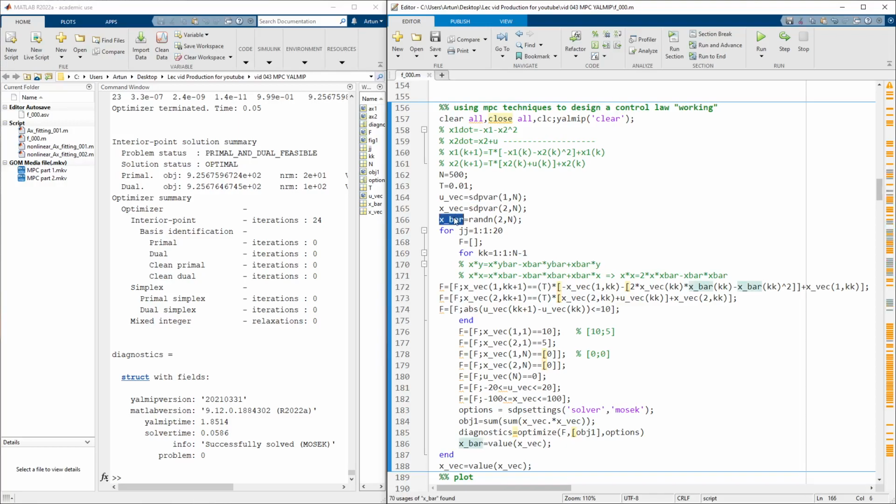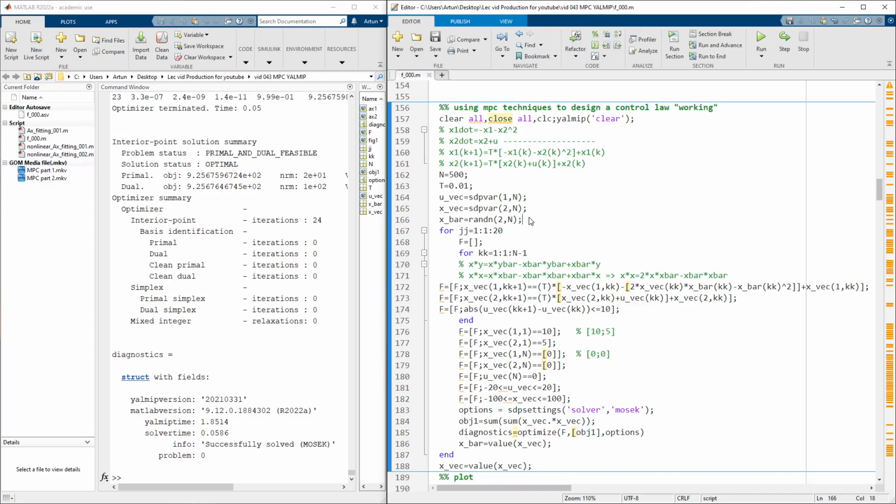And again x bar. Notice this is two rows, I mean this is a matrix. Since we have x1 and x2, since we have two states, we are making this have two rows and n columns, compared to the earlier case where we used one row and n columns, because we only had one state variable to deal with.